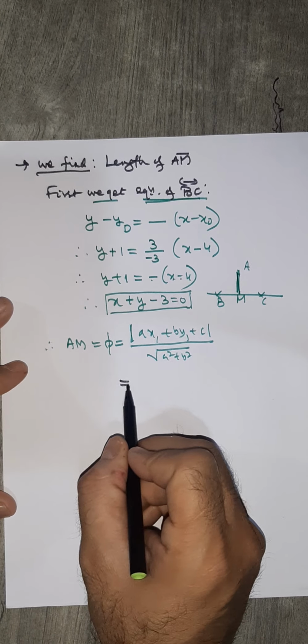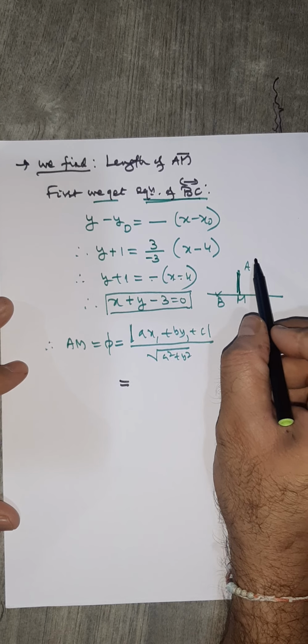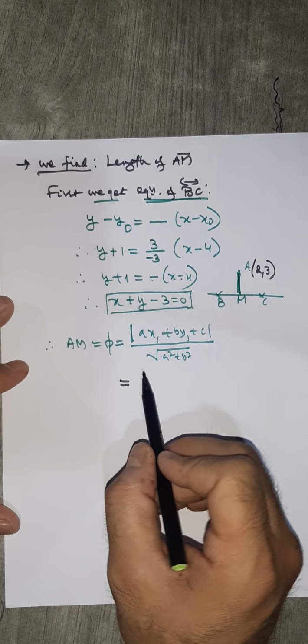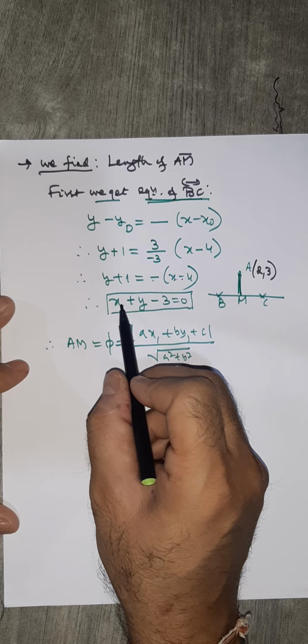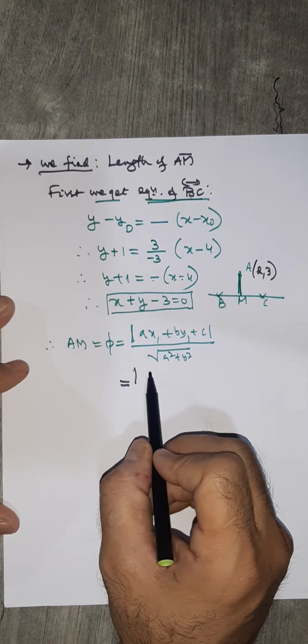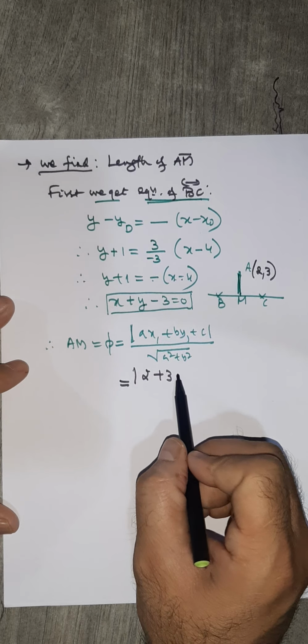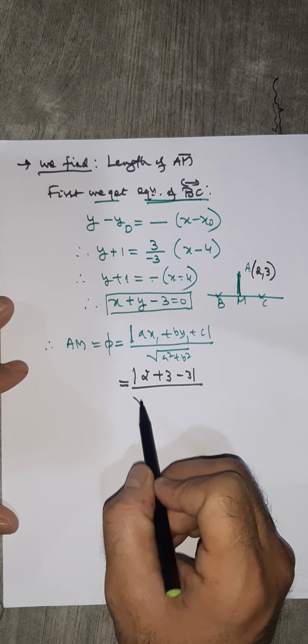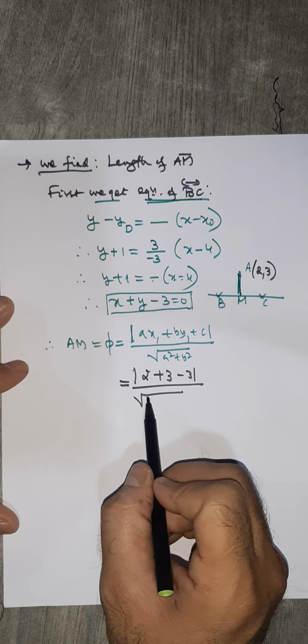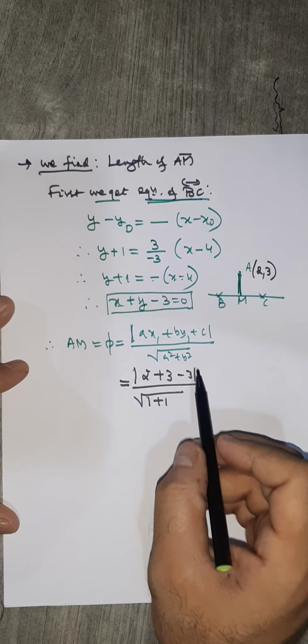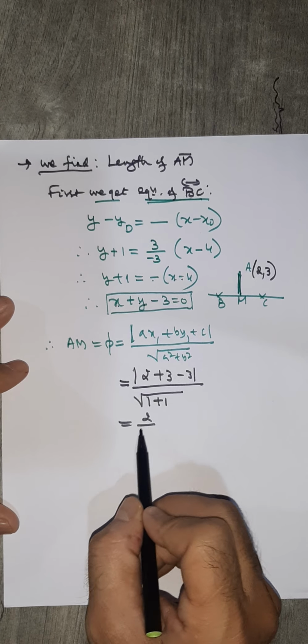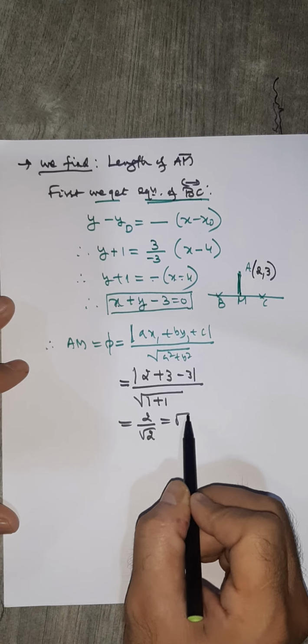The point given is A, with coordinates 2, 3. So in this line, instead of x you write 2, instead of y you write 3, minus 3, upon root of a square plus b square, that is 1 square plus 1 square. So you have 2 by root 2, so we have root 2.